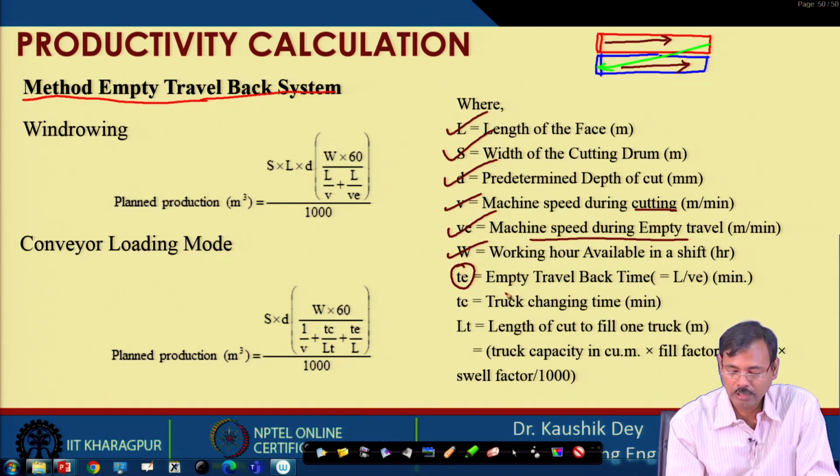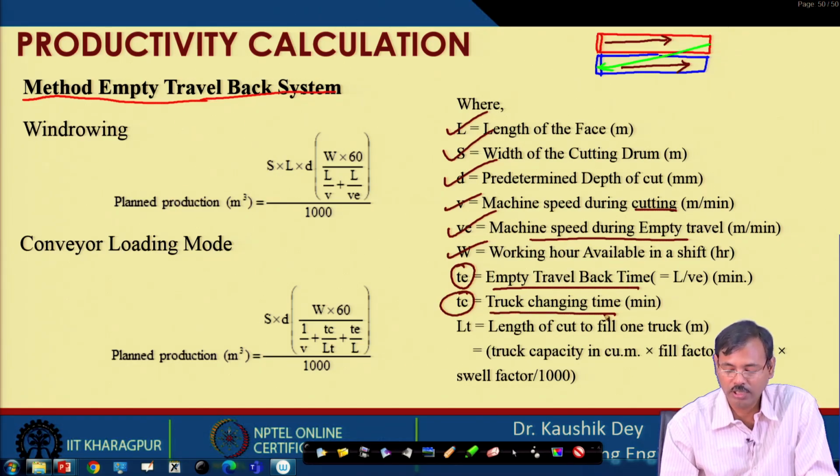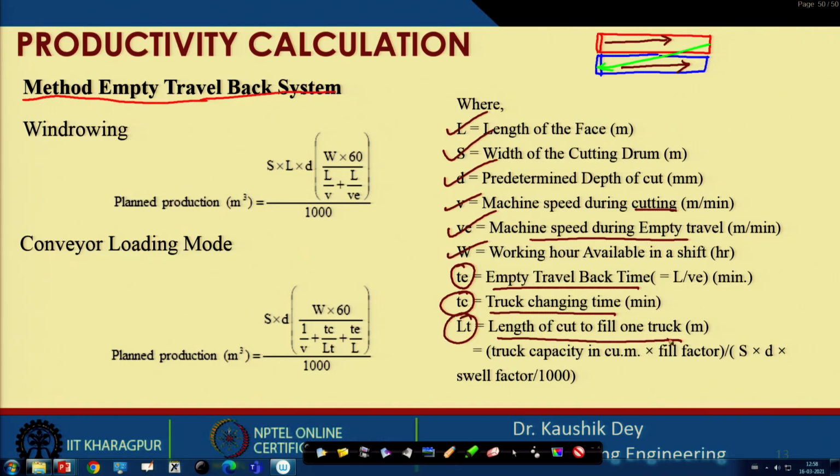T e is the empty travel back time, T C is the truck change time when we are filling the material in conveyor loading, and L T is the length of cut to fill one truck. That means truck capacity into fill factor, divided by the width of the drum, the depth of cut, and the swelling factor, then divided by 1000 to convert millimeter to meter.